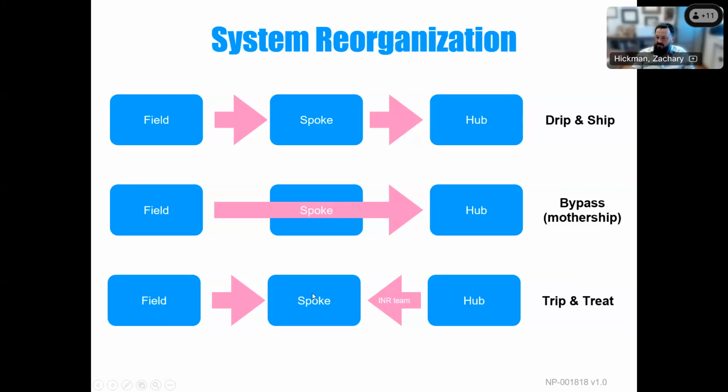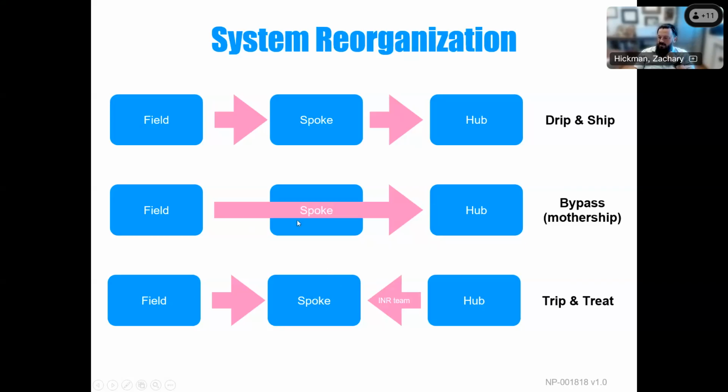So particularly in a place like New York, we use a system that works quite well, where the spoke hospital, like here, has thrombectomy capabilities. So instead of having the patient go all the way to the hub, say into Manhattan, to get their thrombectomy, the EMS brings them here, and then the team comes from the hub to here.